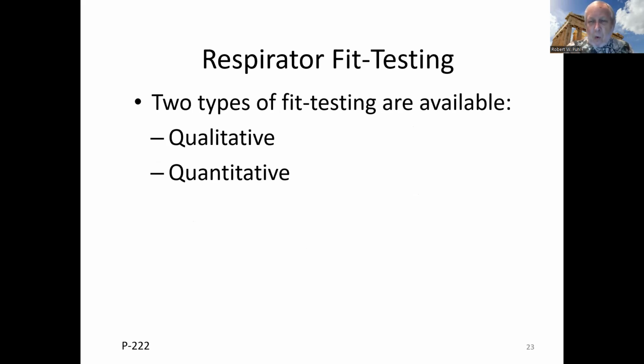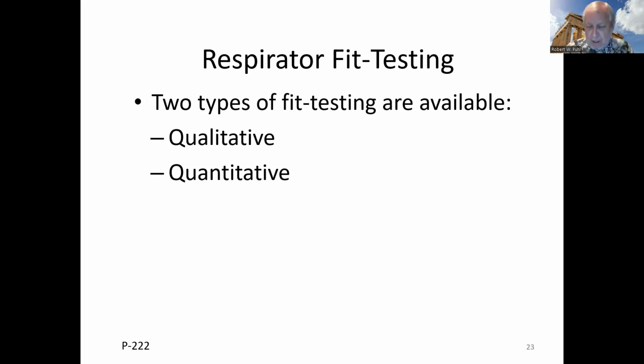We've discussed these in a lot of different classes. These are important terms. Qualitative is determined usually by words like, this is good, better, best, or something along the line. In a particular case of fit testing, they're going to hold up banana oil, for example, while you have it on, and you try to see if you can smell it. Quantitative testing is more like numbers, like this is 7, this is 9, like pH numbers.